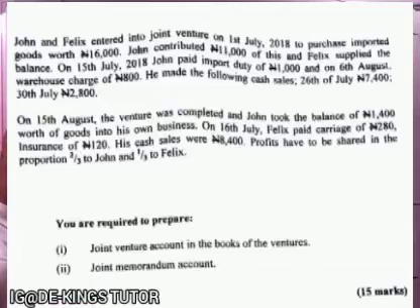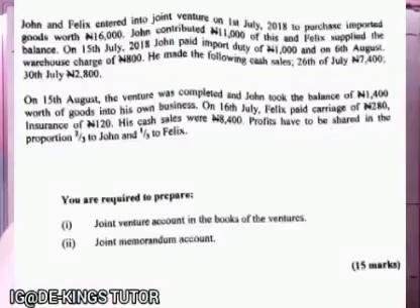Now the question said, they entered into a contract on 1st July 2018 to purchase imported goods worth 16,000. That's their combination. Now it says John contributed 11,000 of this and Felix supplied the balance.